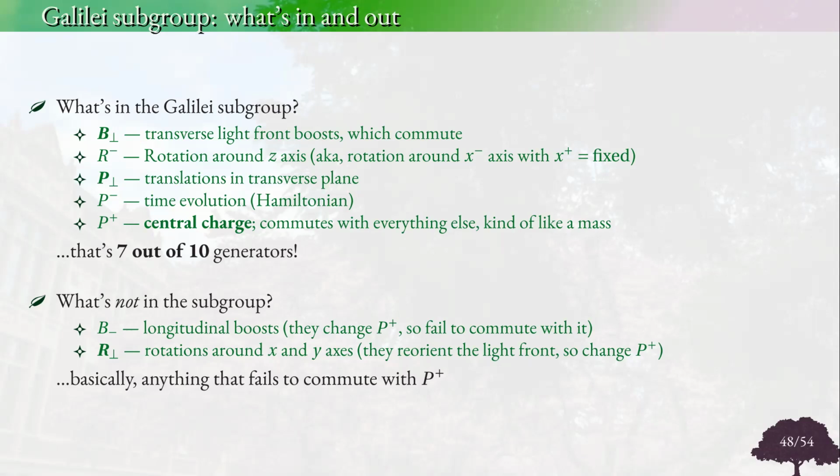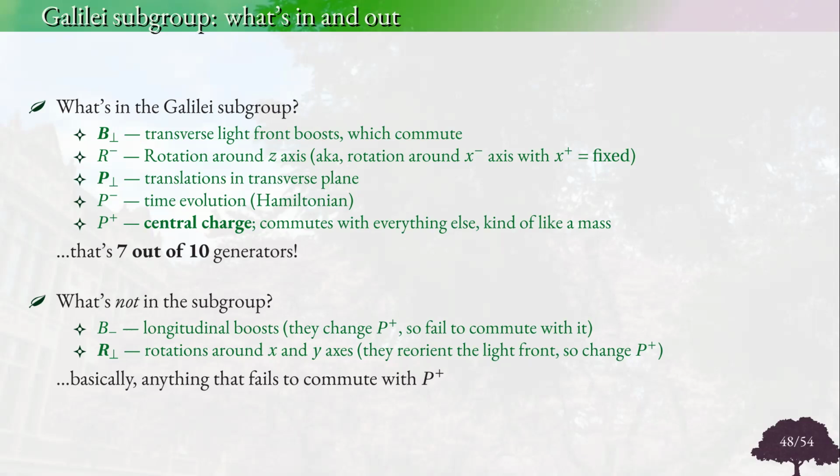It involves your rotation around your z-axis, or equivalently, rotation around the x-axis, with x plus fixed. It involves your translations in your transverse plane. It also involves your Hamiltonian, and it involves P+, since it commutes with itself and everything else in it.